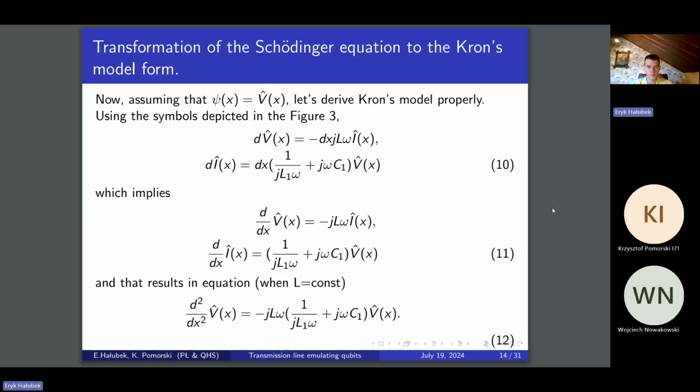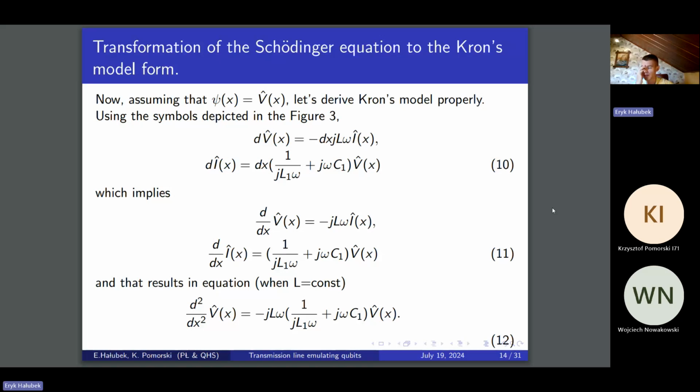So v of x is minus dx j L omega I of x, where v of x is a voltage phasor and I of x is a current phasor, and I of x equals dx times 1 over j L1 omega plus j omega C1 times v of x.